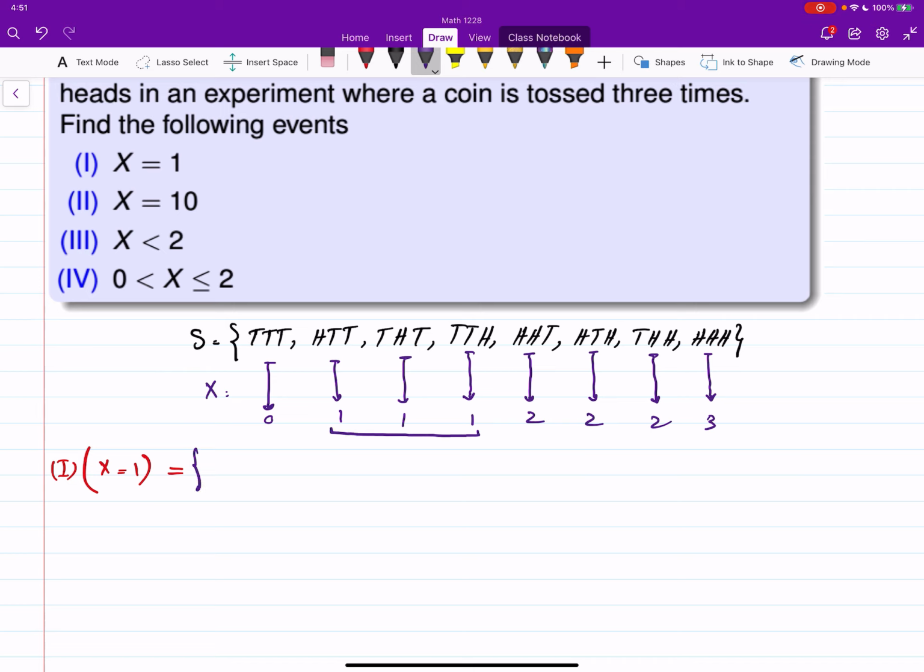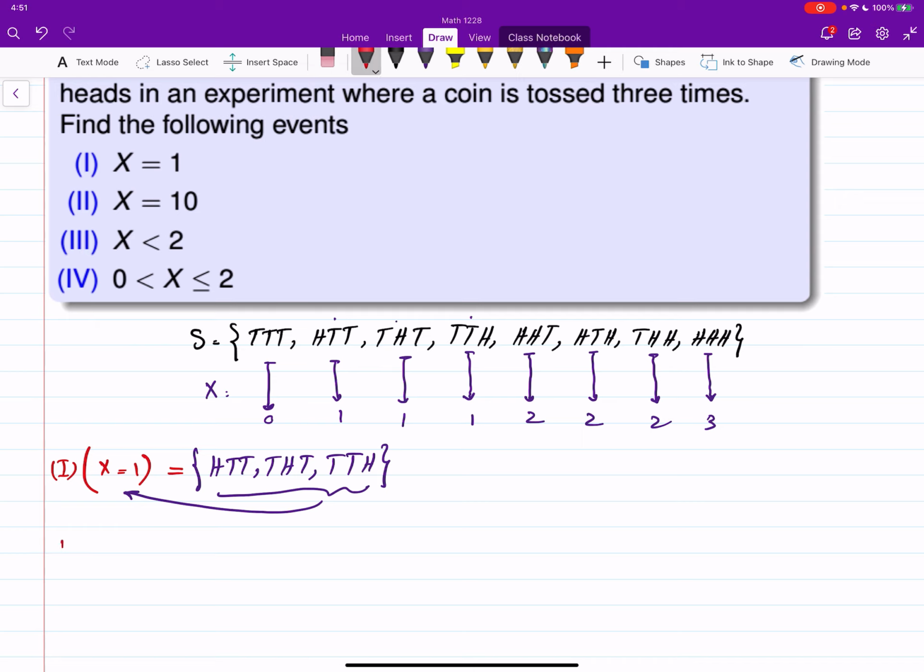So all the points for which X is 1: point 1, point 2, point 3. Put all of them together. That forms a subset of S, which we call an event. So instead of writing that, we can use the convention X being equal to 1.